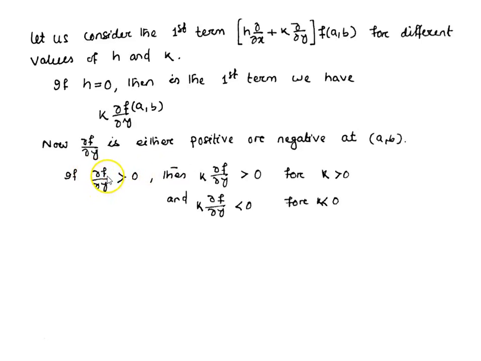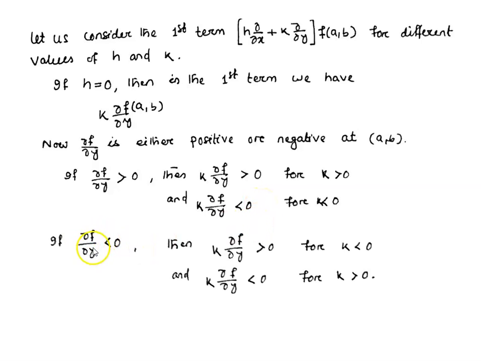If this partial derivative of the function with respect to y at the point (a, b) is positive, then k ∂f/∂y is positive for k positive. If k is positive, then this product k ∂f/∂y is positive because ∂f/∂y is positive. But if k is negative, then this product will be negative.